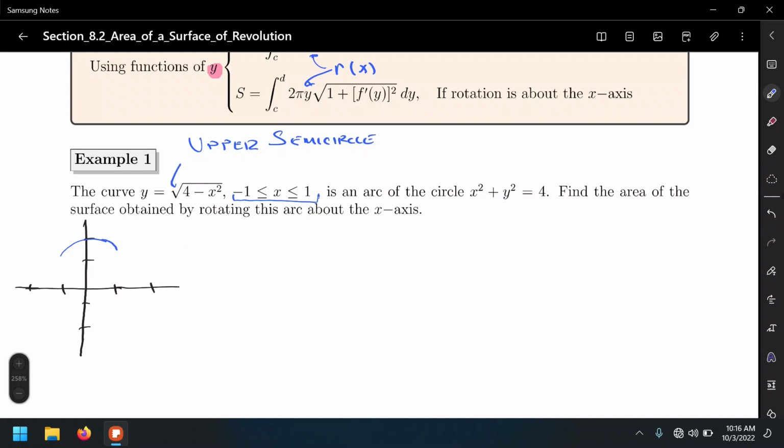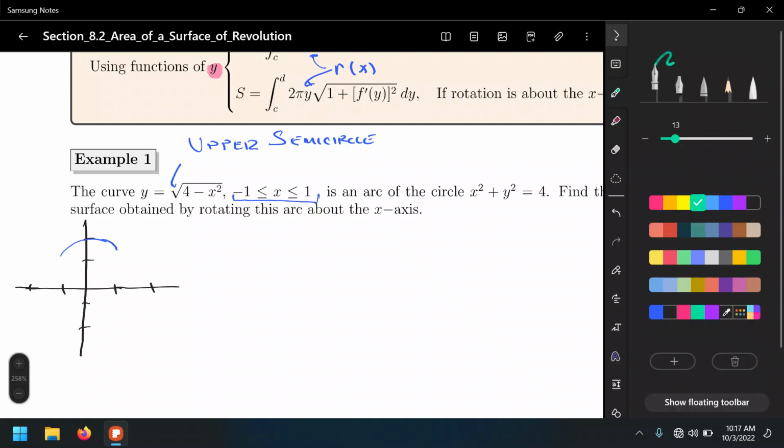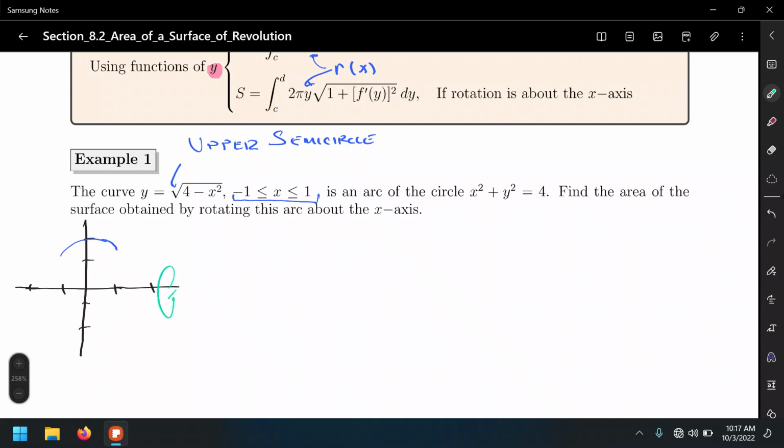Well, they want us to rotate this about the x-axis. So when we do rotation about the x-axis, we are going to generate a solid rotating in that direction. So it's going to look something like this.